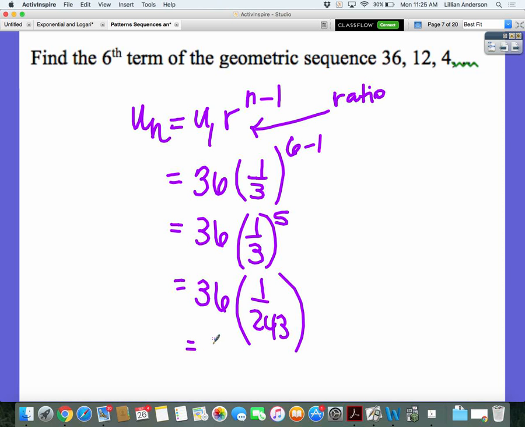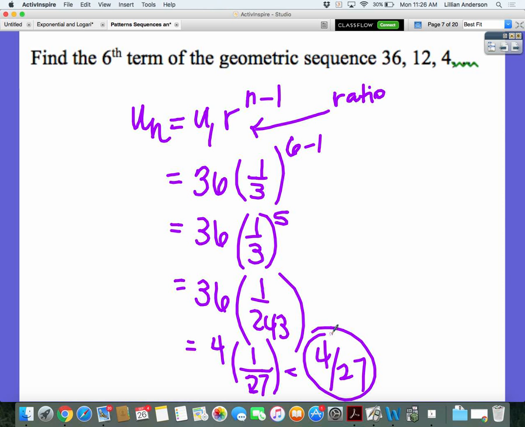So this would have been 4. Or you could divide by 3, like 3 times.